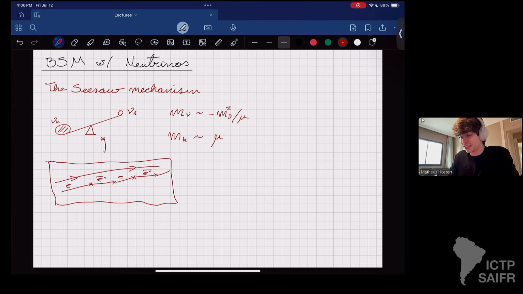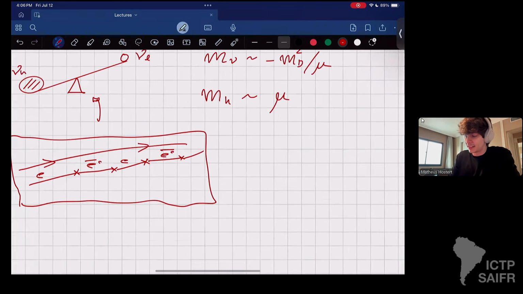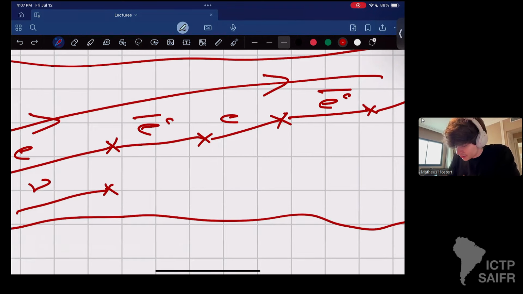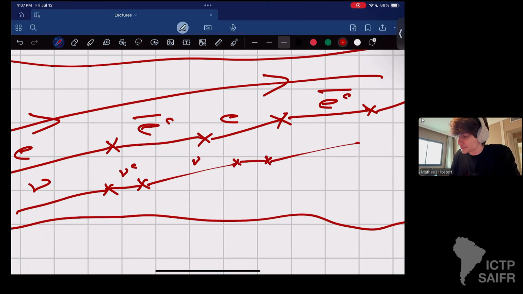In this picture of the seesaw, the analogy is a little different. You have this neutrino propagating through space, but when it flips into the opposite chirality, it can only do so for a very small period of time, and then that flips back into the neutrino, and so on and so forth.